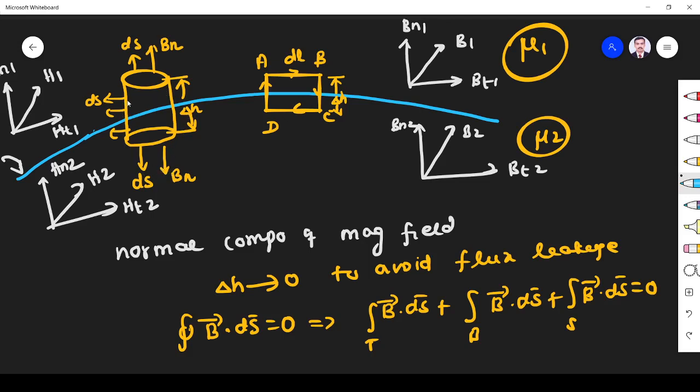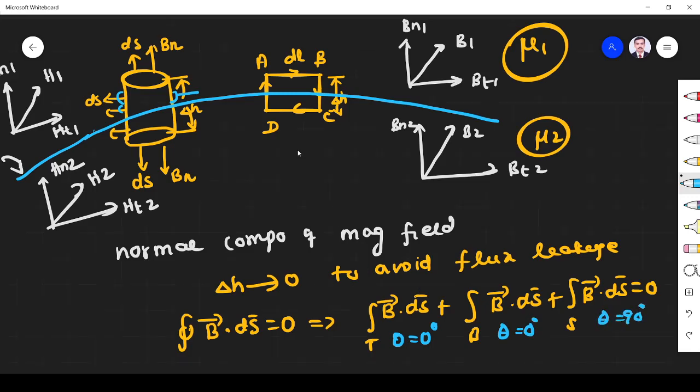Whereas in the side surface, the normal component will always be perpendicular, here the outward normal is this direction, and B is going in this direction, so the angle between them is 90 degrees. So in the top surface it is parallel, so 0 degree. In the bottom also it is parallel, the angle between them is 0 degree. Here it is 90 degrees.